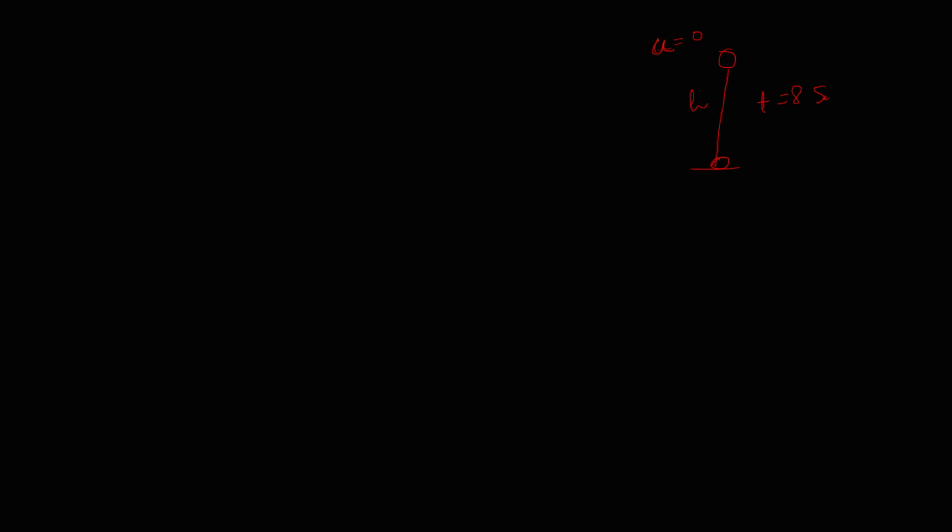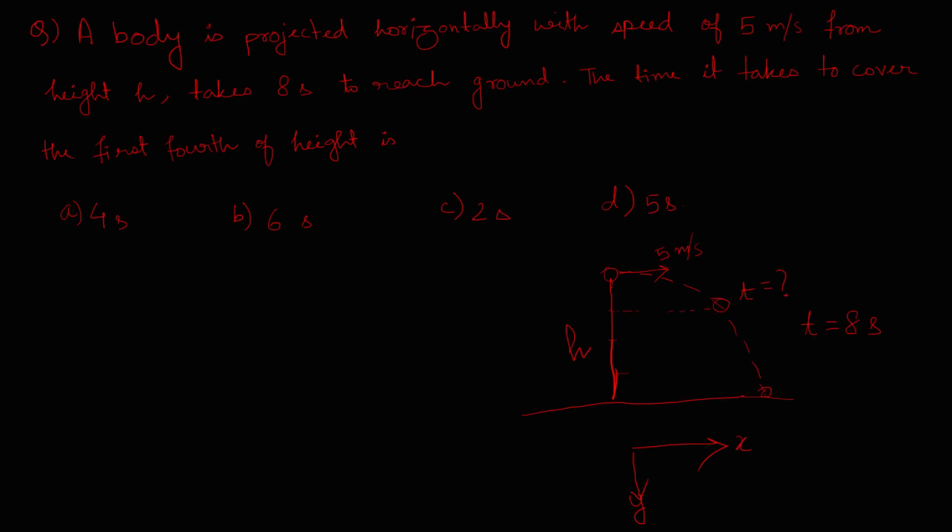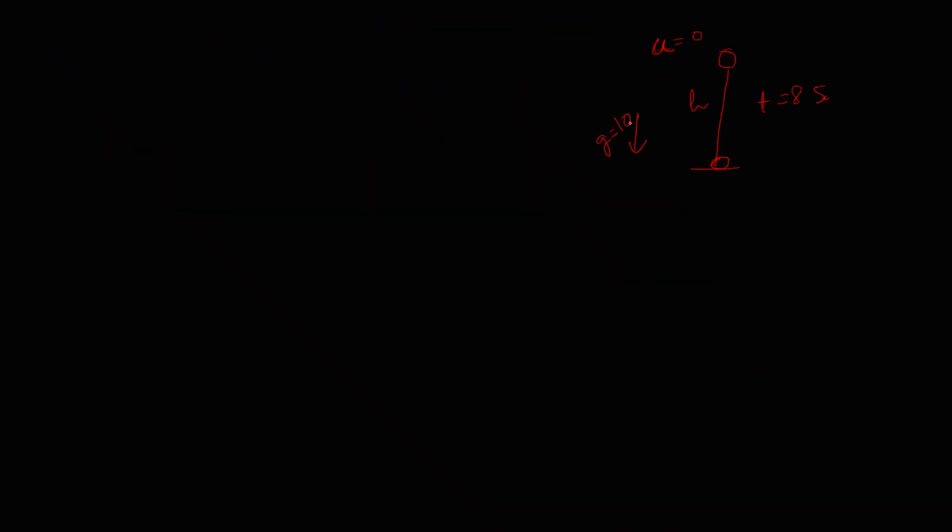So from this information, can we find the value of h? Yes. How? Because gravity is acting in this direction. g is equal to 10 for simplicity of the problem.